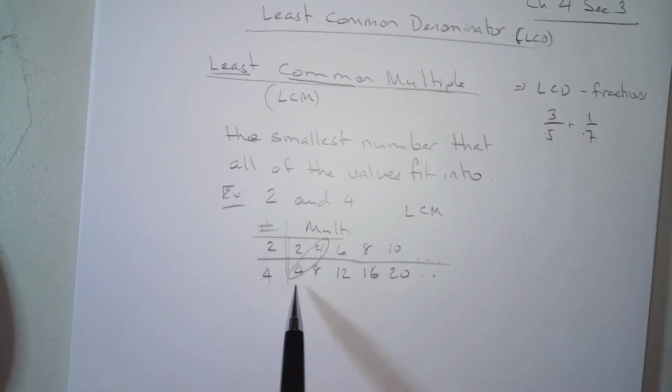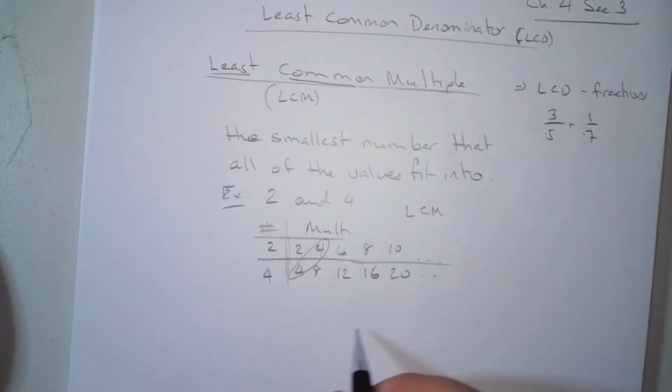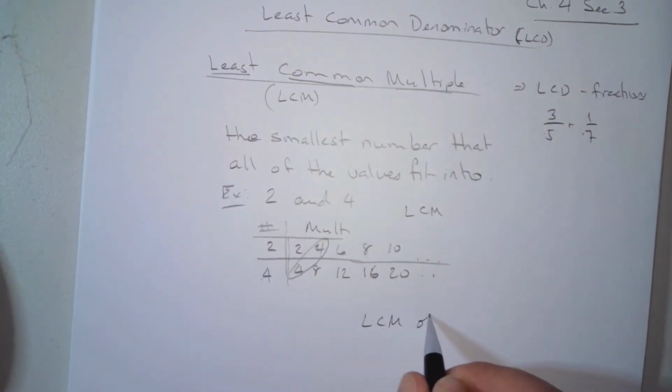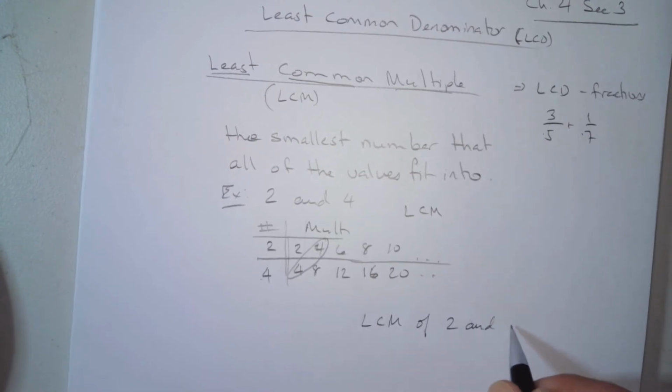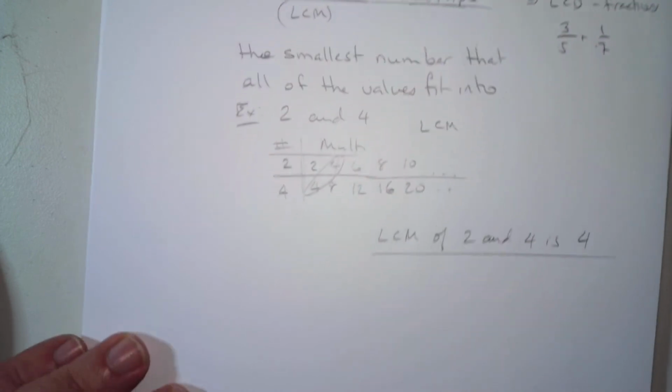Starting from the left, what's the smallest number they both fit into? In this case, the LCM of 2 and 4 is 4, because they both fit into 4.